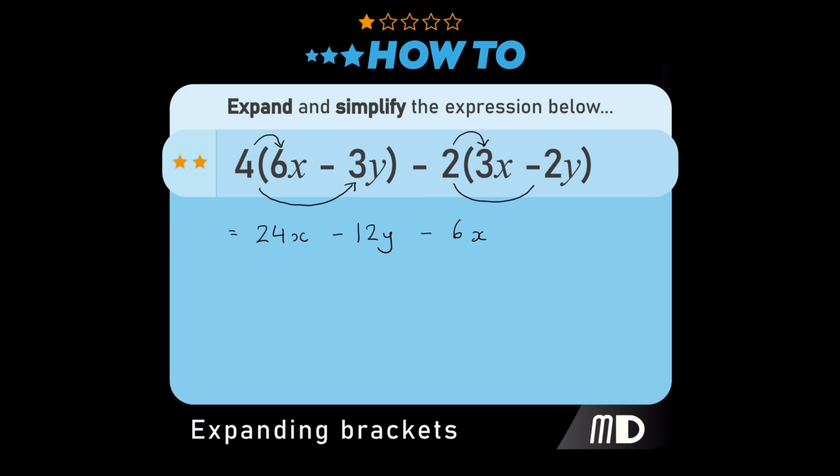And minus 2 multiplied by minus 2y is 4y. The second expanded expression is minus 6x plus 4y. The entire expression is therefore 24x minus 12y minus 6x plus 4y.